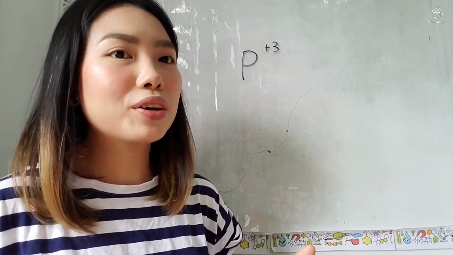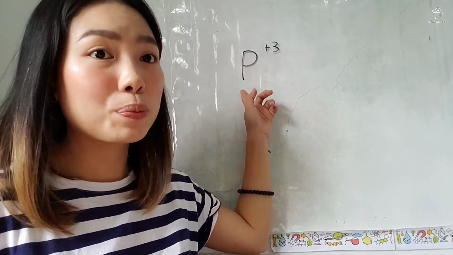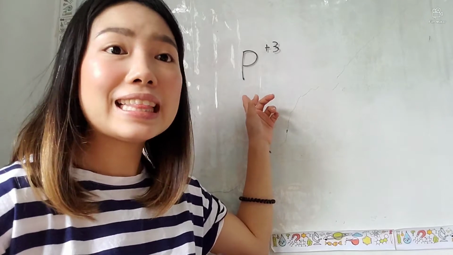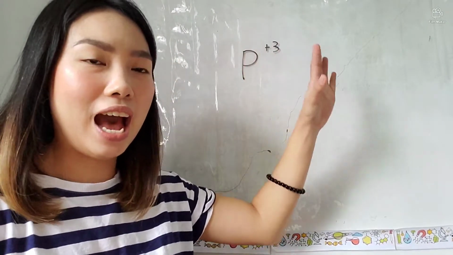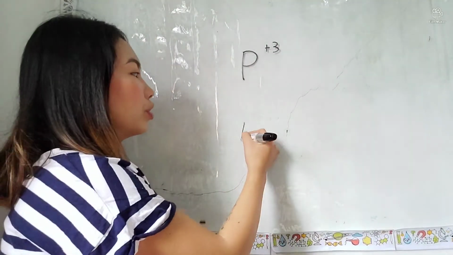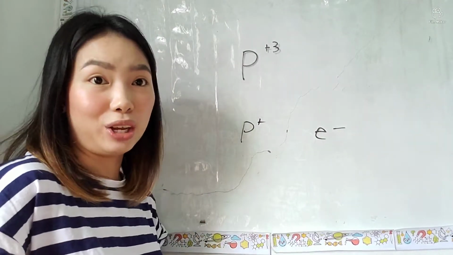Example. So, what if you are given with the element P or phosphorus? Then, phosphorus has a cation of 3. So, meron siyang positive 3 sa taas. Ngayon, you are asked to find the value of its proton and the value of its electron.